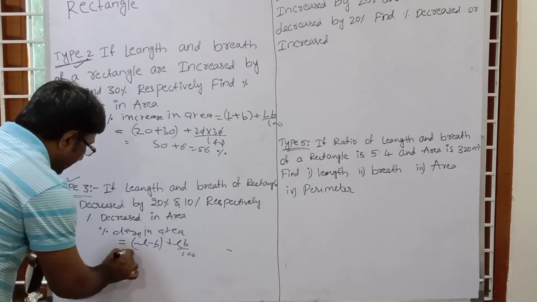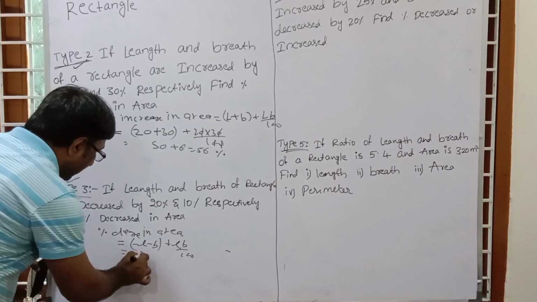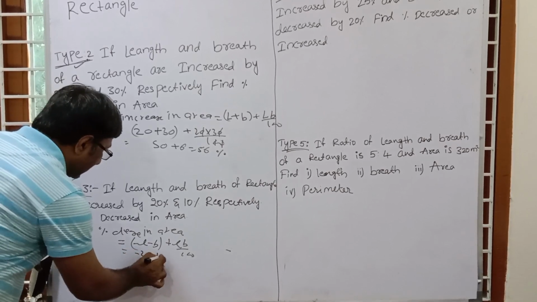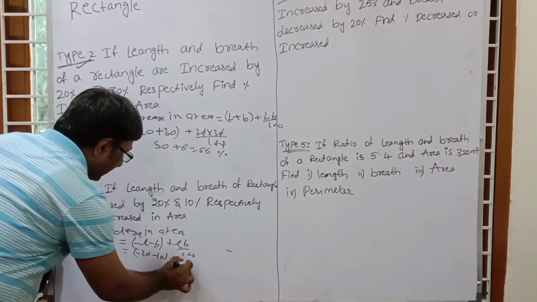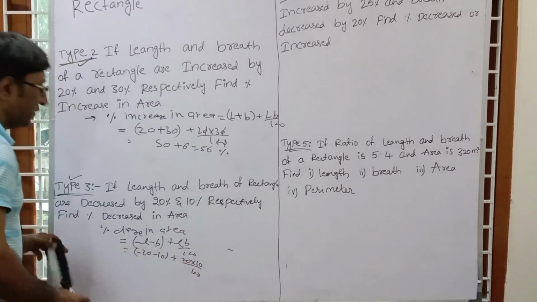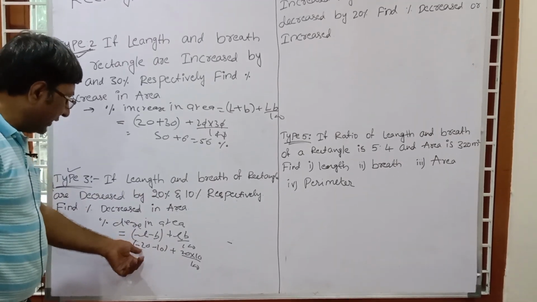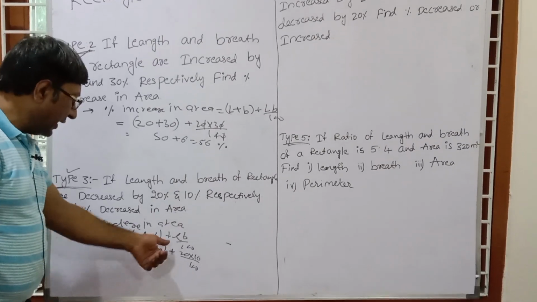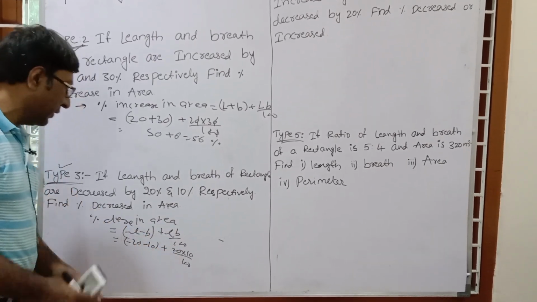So here the percentage in length is given as 20%, so this is minus 20, and this is minus 10, plus again 20 into 10 upon 100, because there is a decrease. So length is decreased, this is minus 20, this is minus 10. Here L into B becomes positive. So this is 20 into 10 by 100.